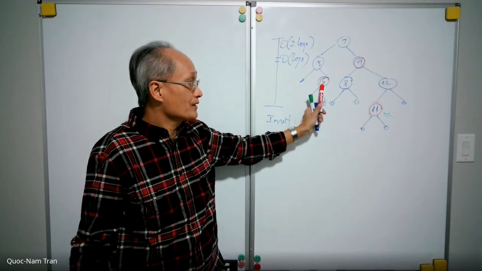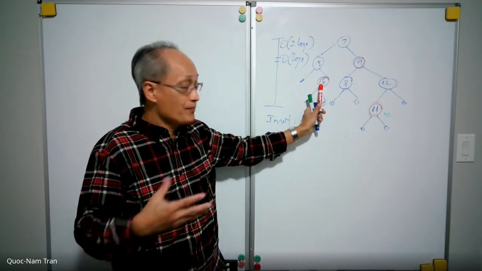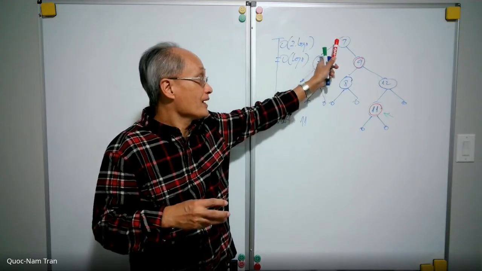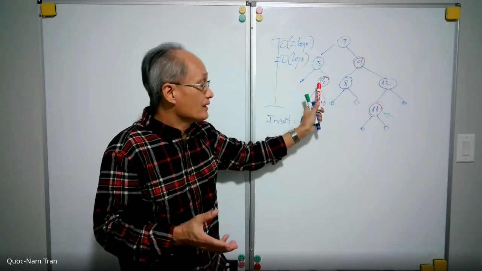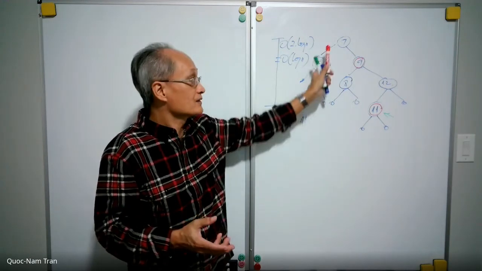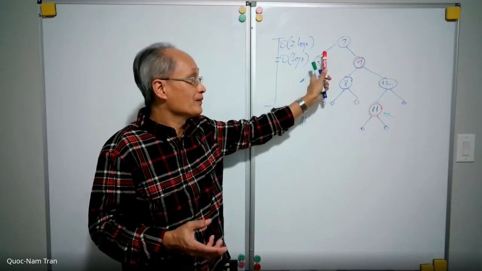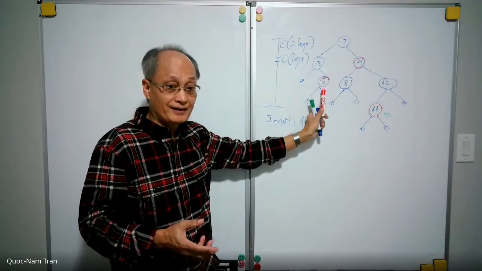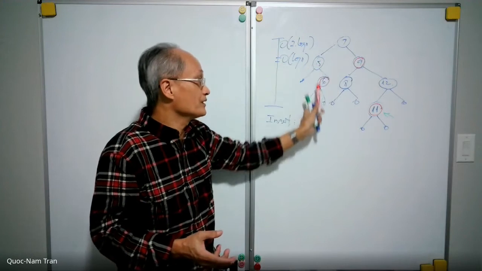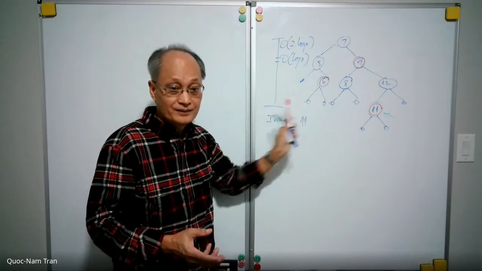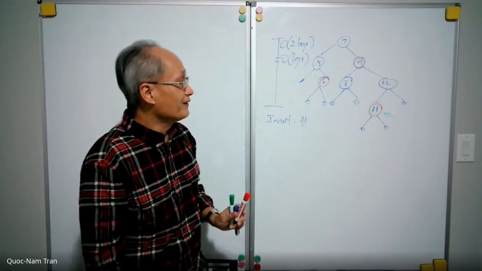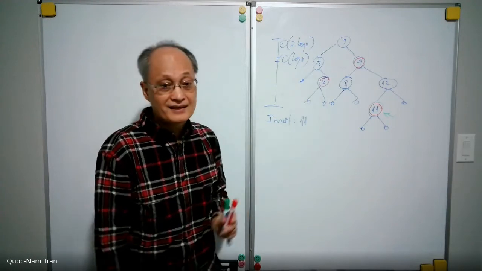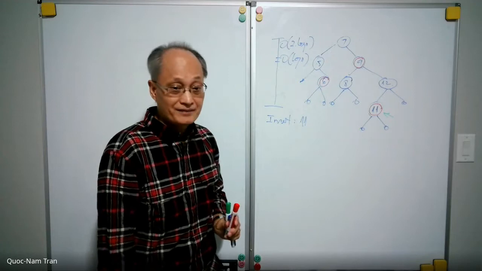Why? Because the number of black nodes on every branch is still the same. Insert a red node, so the number of black nodes on this branch doesn't change, right? It's still 1, 2, 1, 2, right? Okay. So now, when we insert 6, that is what we have.